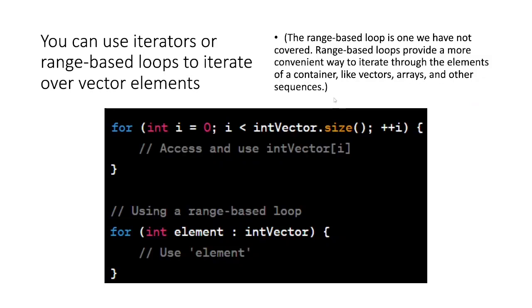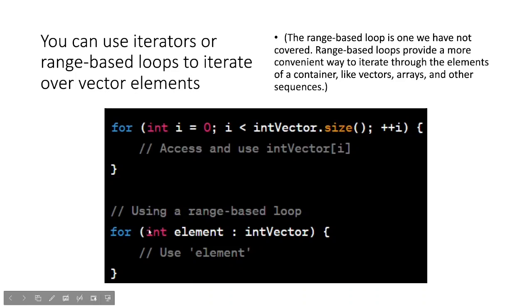You can also use iterators or range-based loops to iterate over vector elements. So to just iterate over a vector, you would do so like you would an array. And then this down here is a range-based loop, and it's something we have not covered yet, but they provide a more convenient way to iterate through elements of a container.